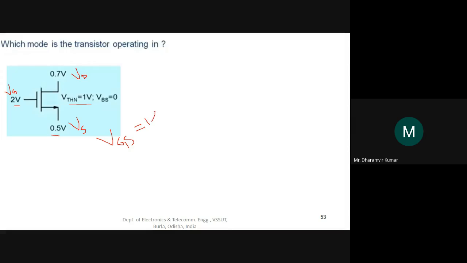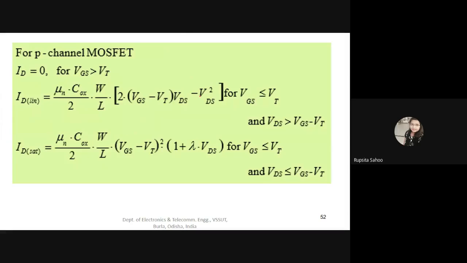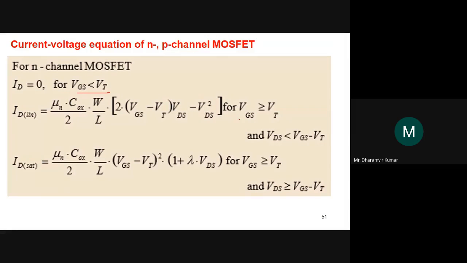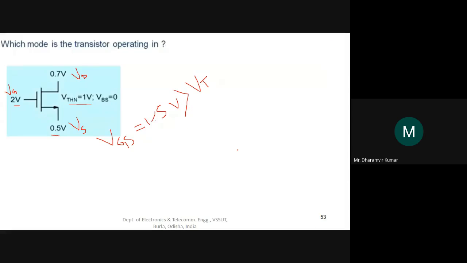And VT, the threshold voltage, is 1 volt. So VGS becomes greater than VT. What can we conclude, that this device is on or off? Yes, on. Right, because this condition is satisfied. So the first thing is established that this device is on.